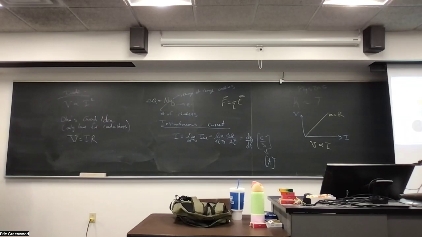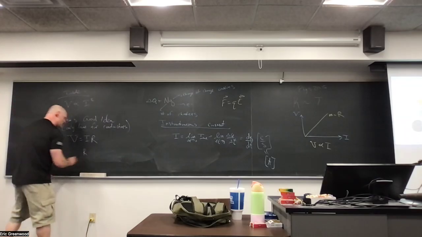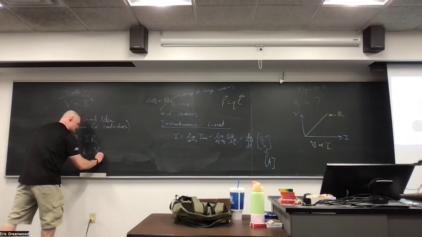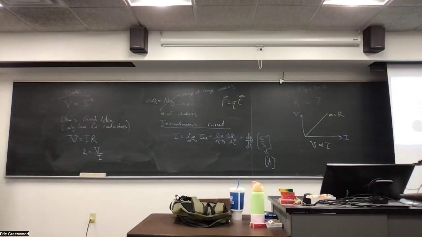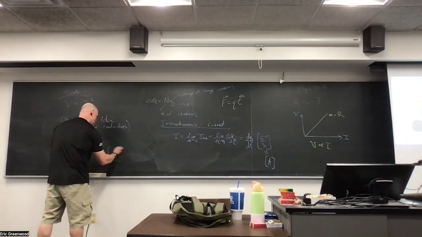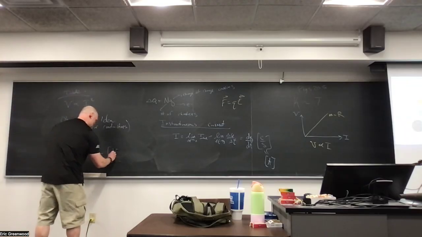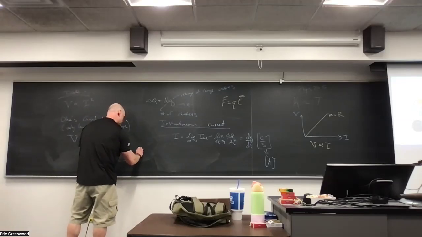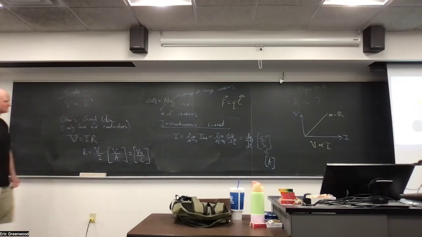Okay. So let's say that we now have this new quantity, resistance, where resistance is defined as the potential per current. This is going to have units of voltage, so a volt, per amp, which is the same thing as a volt second per coulomb. Remember, an amp is a coulomb per second.